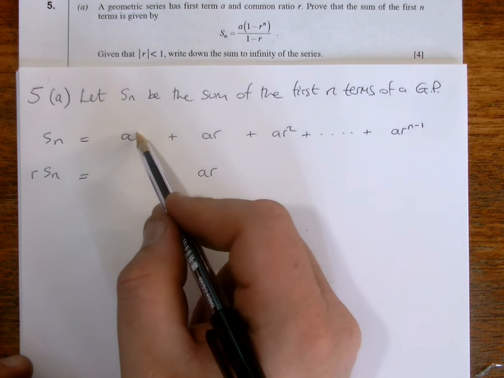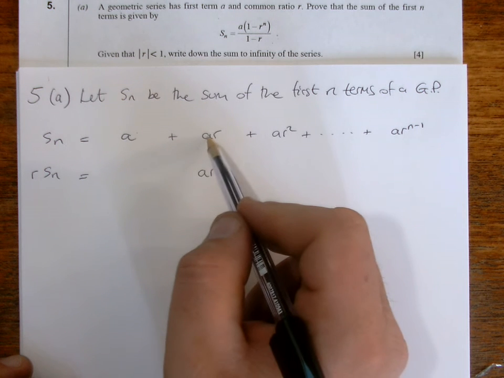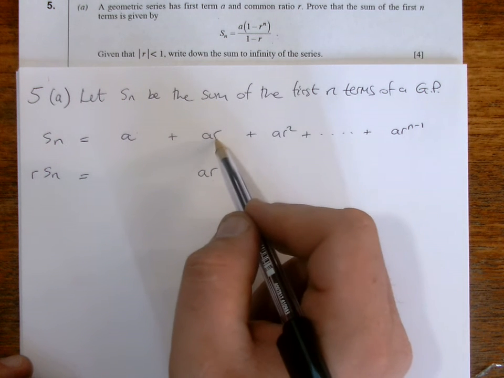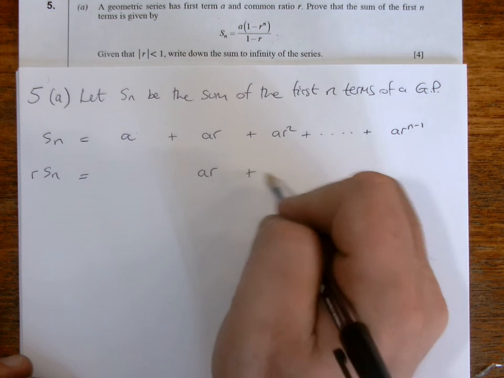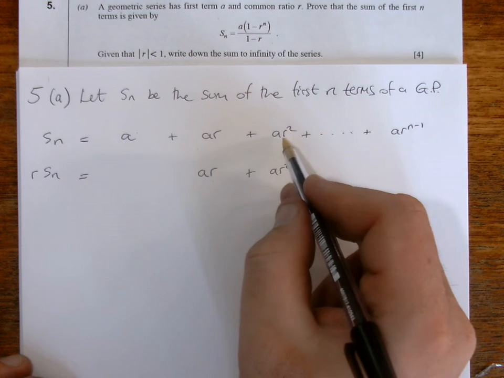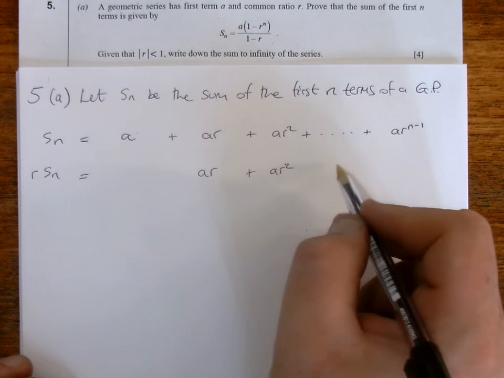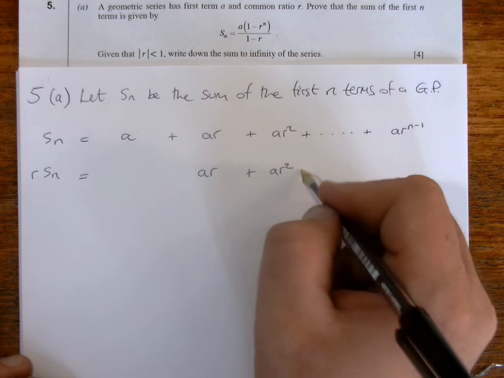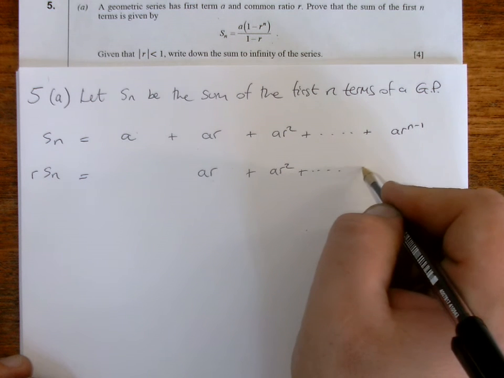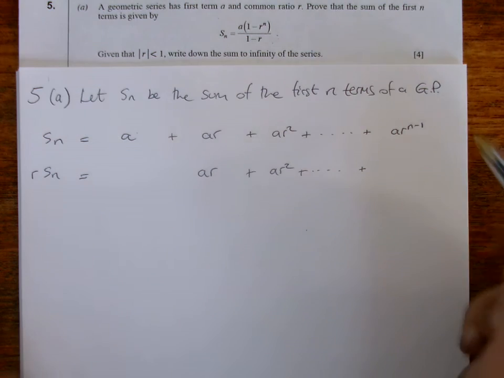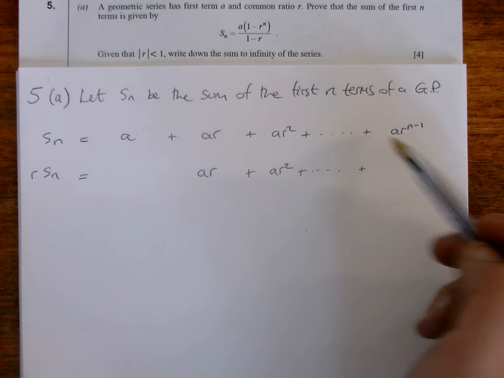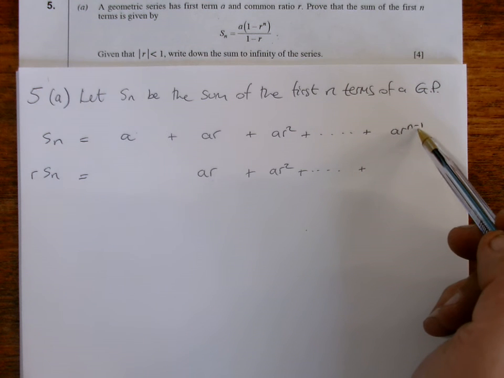So times that by r, I get ar. Times that by r, I get ar squared. Times that by r, I get ar cubed, which will be in this dot dot dot thing going on. Then what you need to appreciate is, this is ar to the n minus 1.